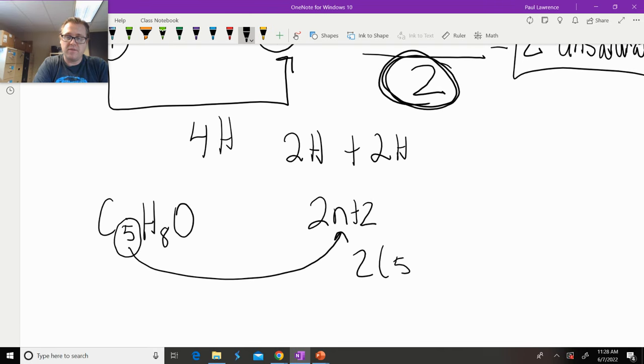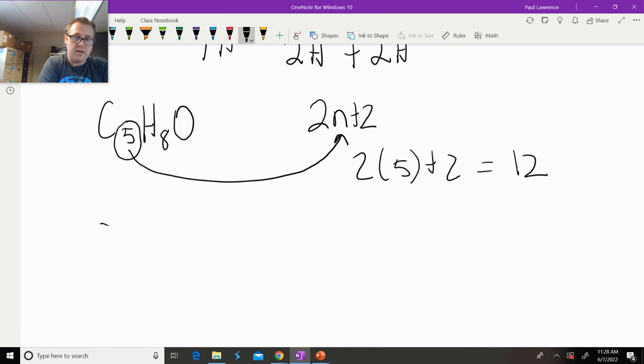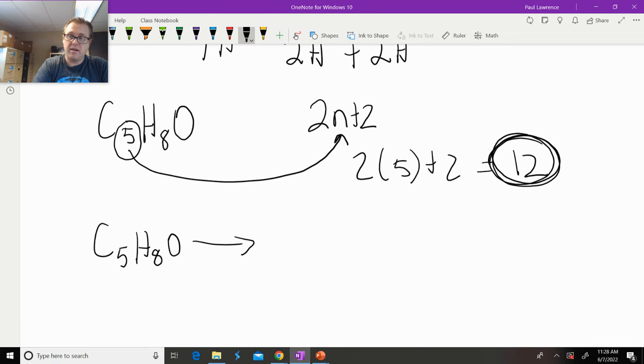So 2 times 5 plus 2 equals 12. And so for this formula right here, you pretend that there's really no oxygens present. Okay? No oxygens present. And so you're going to take this number right here and substitute it in for the amount of hydrogens. So the molecule is going to look like this.